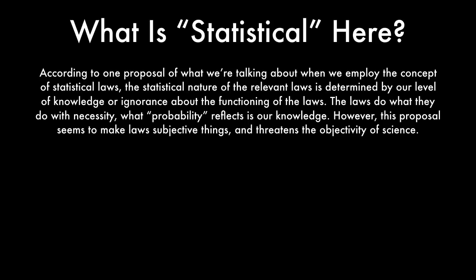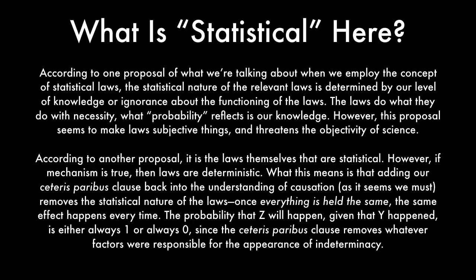So what probability reflects here is subjective probability, or how much we know about how the laws will function. Now, this proposal seems unacceptable in that it makes laws subjective things, and since almost all of science occurs by interacting with laws in some way, that seems to make science a subjective thing, and that's worrisome if the point of science is to explain, predict, and understand the world as it is on its own.